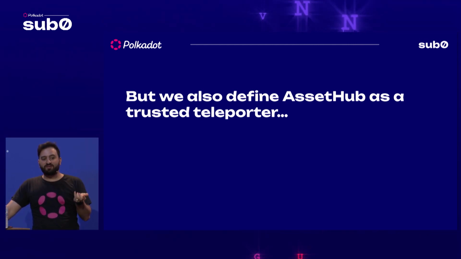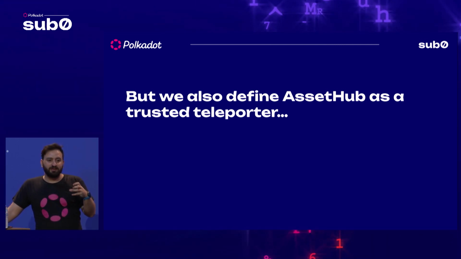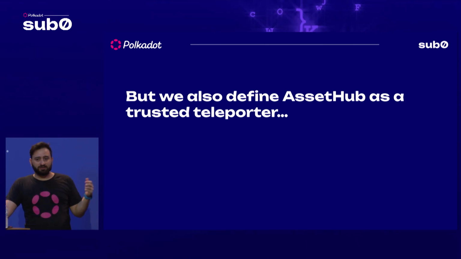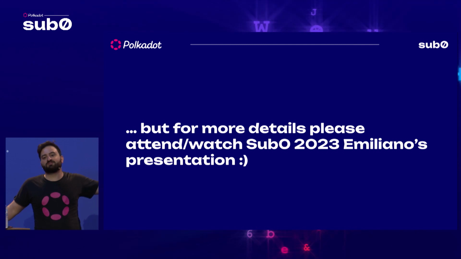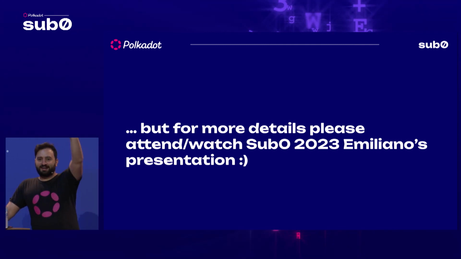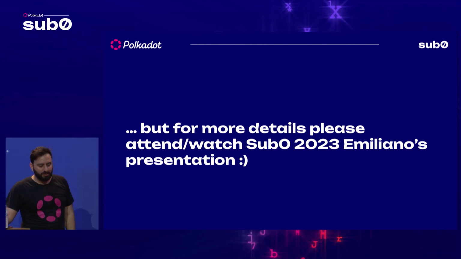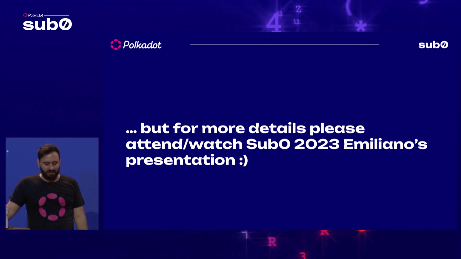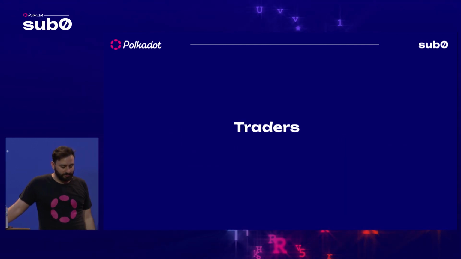Because for transferring your parachain native token, you need to do it with a teleport, because we trust the asset hub as an extension of the relay chain. If you want more details about it, there was another presentation in parallel in the other builder space, so you can watch the recording for more details about how we do it.